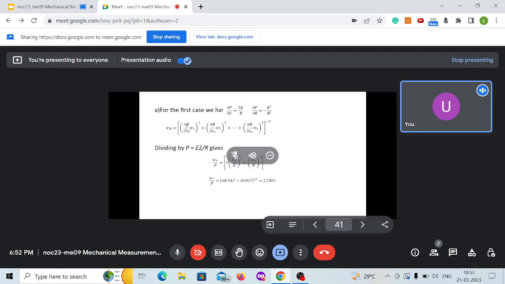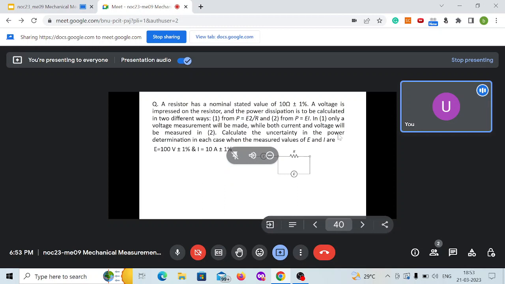So it is dou R by dou x1, the derivative of the function with respect to the variable, into the uncertainty of the variable, the whole square, the summation of all that raised to power half, the square root of the summation. So here the power variable in the first case is P equals E square by R. So the variables are voltage and resistance. We have uncertainty for voltage given as 1% and resistance also 1%, and the values for voltage and resistance are also given.